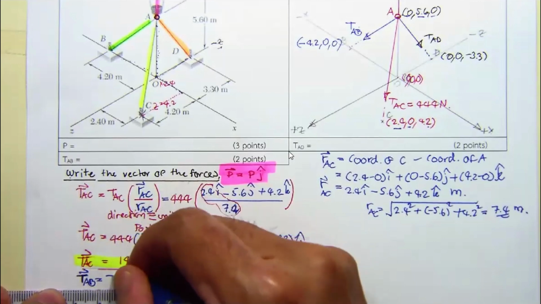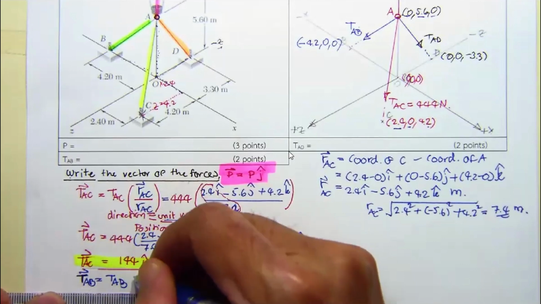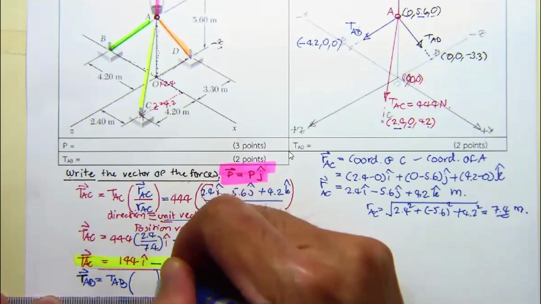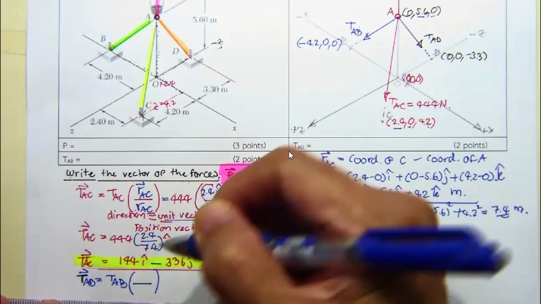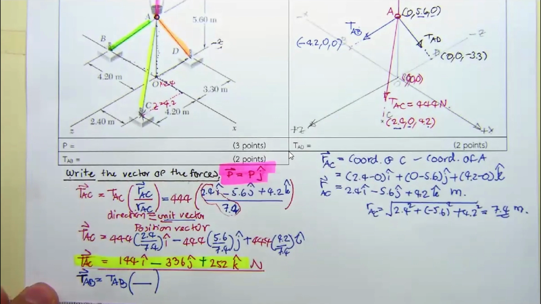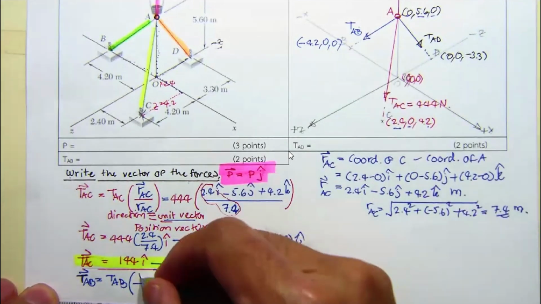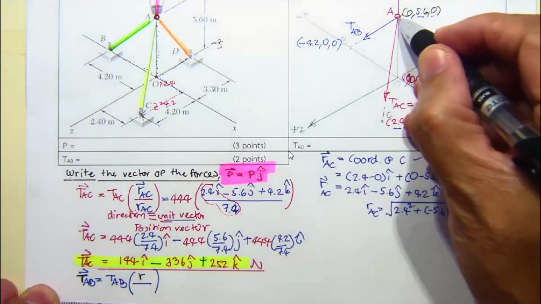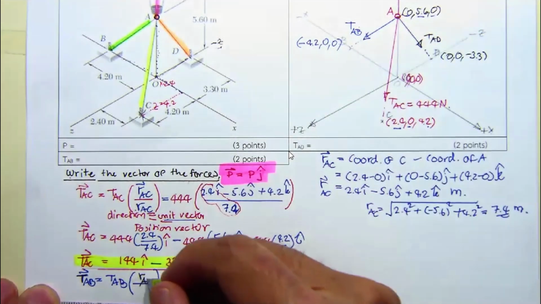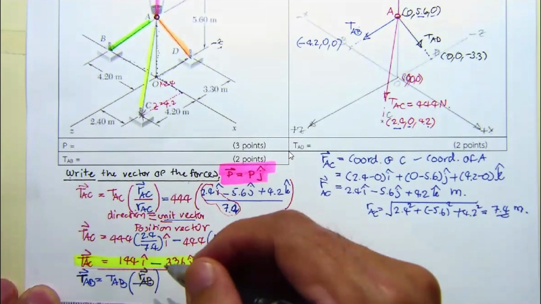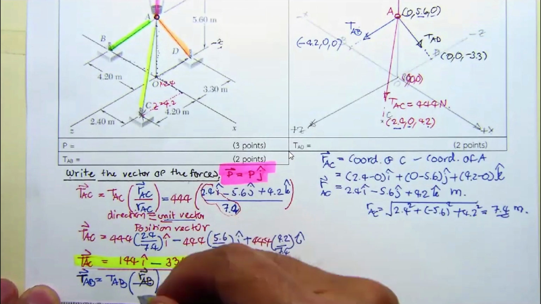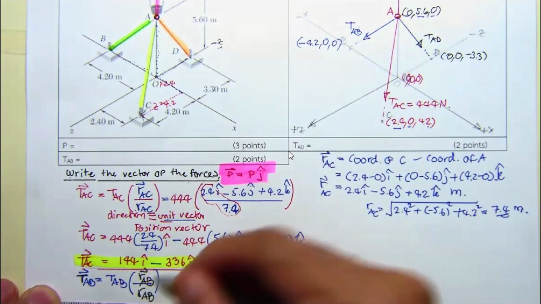It's going to be the magnitude, and then the direction. The direction of this one is going to be the vector A to B, position vector r sub AB, divided by its magnitude.